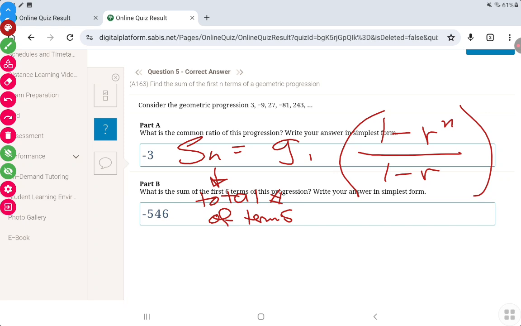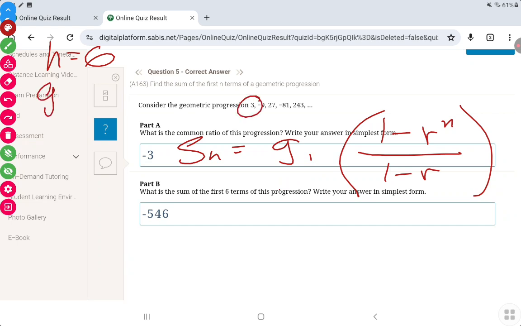Sum of infinity is different from the sum of a finite number of terms. The equation itself is different. They told us the first 6 items, which means n, the number of terms, is equal to 6. And g1 is the first number in the sequence, which is 3. r is the ratio, which we found in part A, which is -3. And that's all we need for this formula.